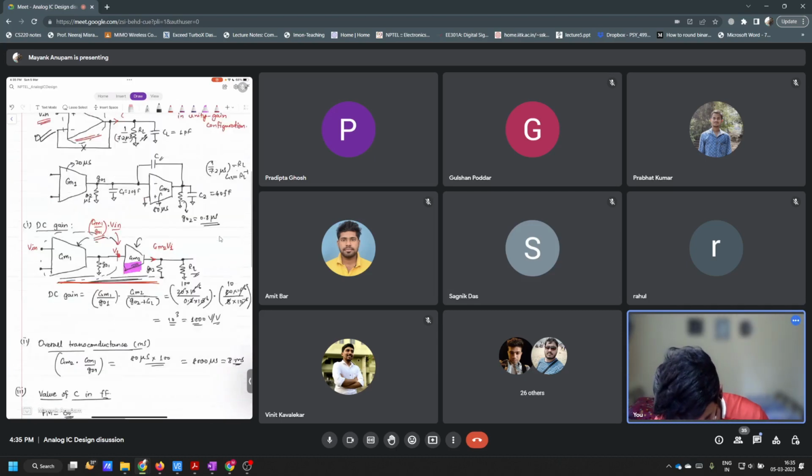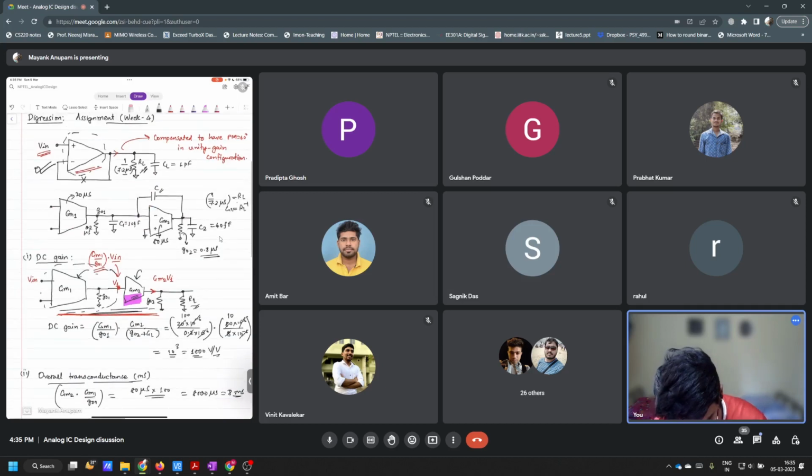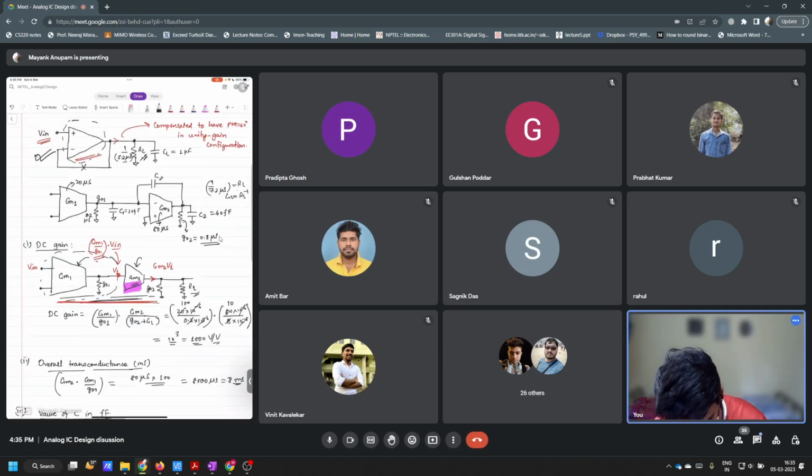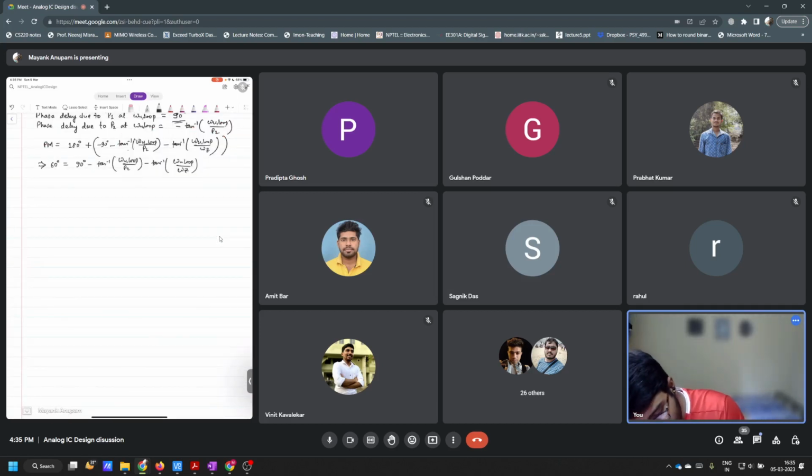Now let's assume that omega z is much greater than omega u loop. I am assuming something, and I'll see whether it makes sense or not.